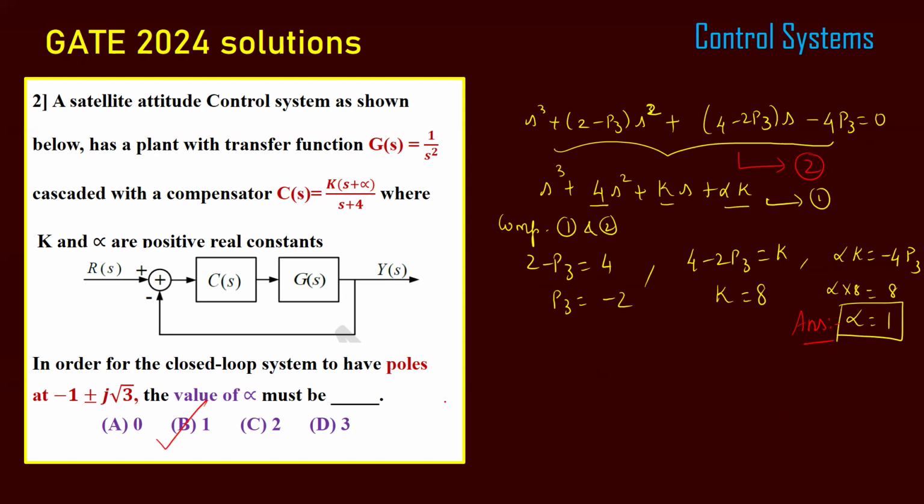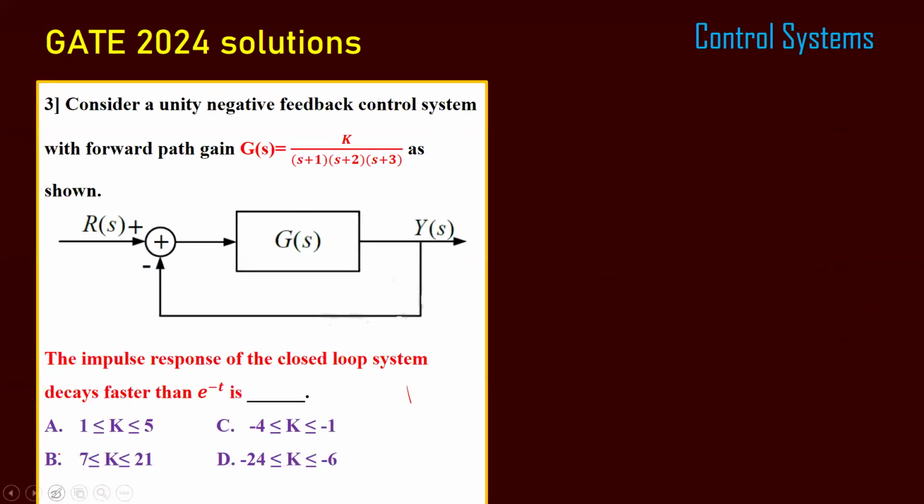Let me move to the next problem. Consider a unity negative feedback control system with forward path gain G of S is given. And here the impulse response, observe the question clearly. The impulse response of the closed loop system decays faster than e power minus t.